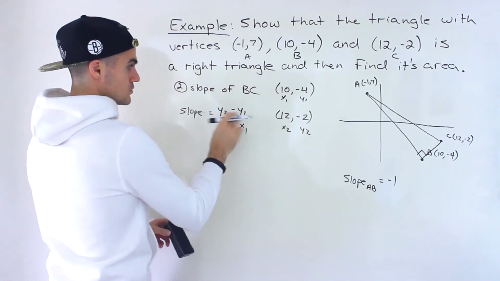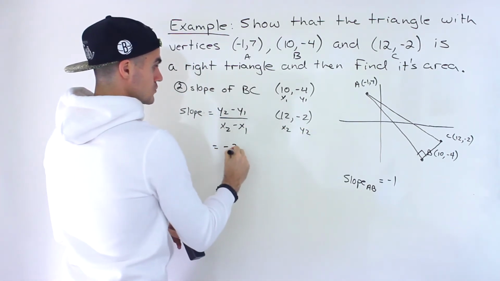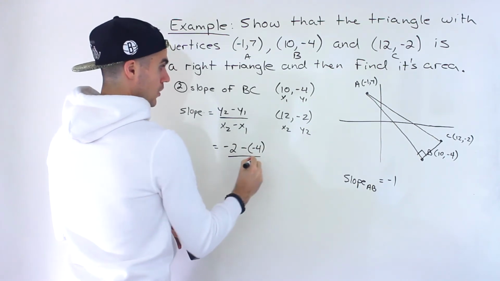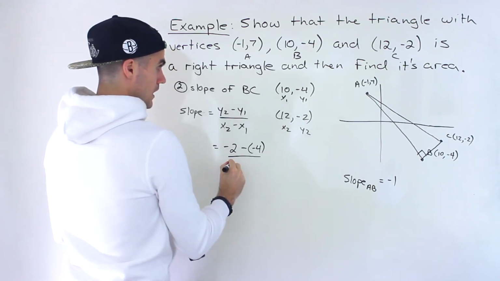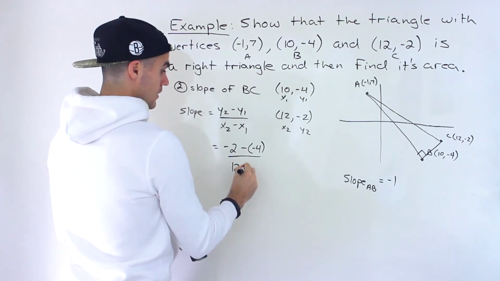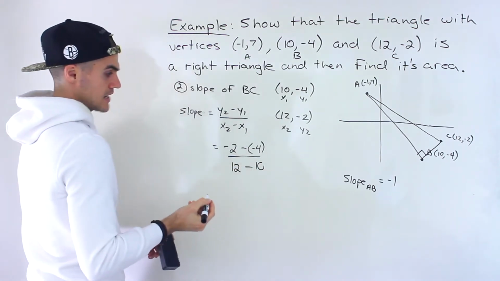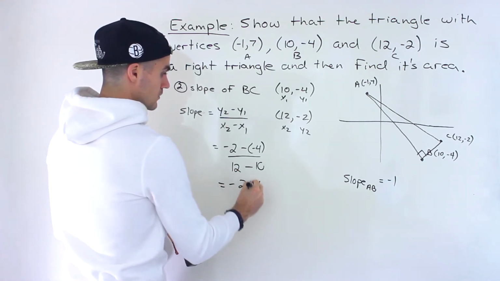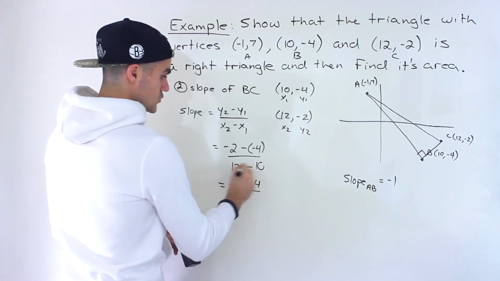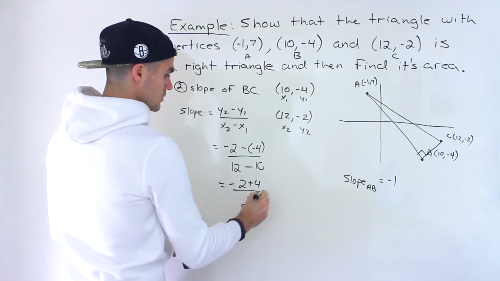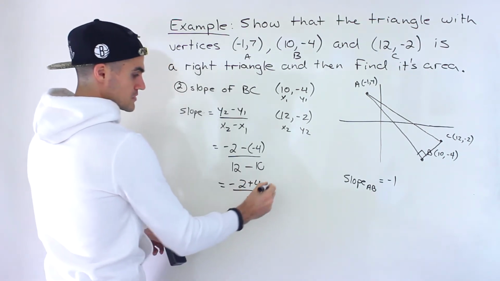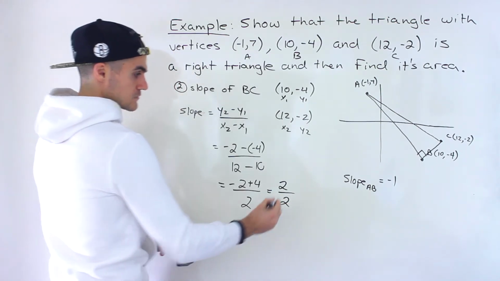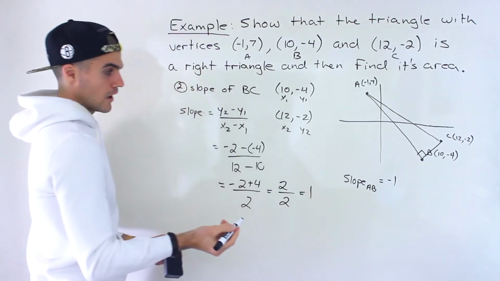So we'd have y2 minus y1, so we'll have -2 minus -4 over x2, which is 12, minus x1, which is 10. So over here, we'd end up with -2 plus 4, right? These two negatives make a positive. 12 minus 10 is 2. And then we'll have -2 plus 4, which is +2, over positive 2, which gives us 1.